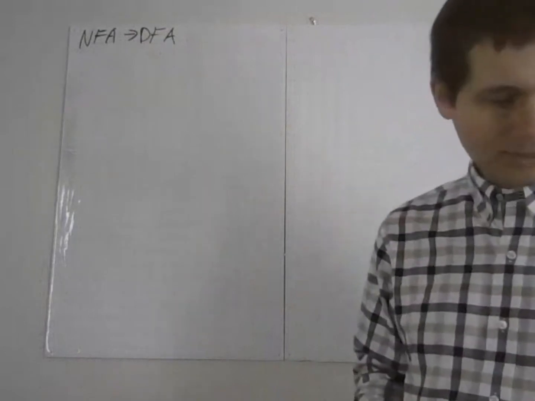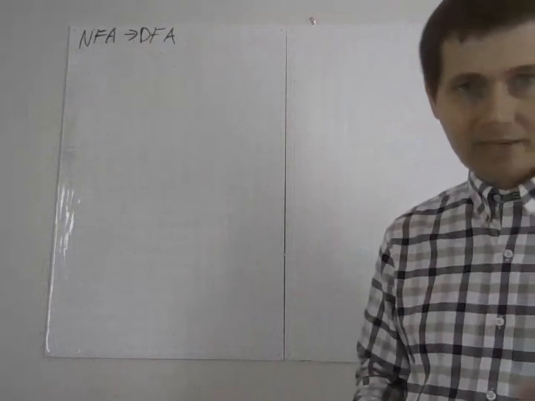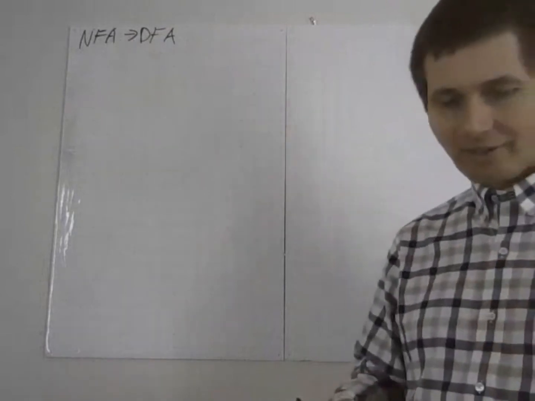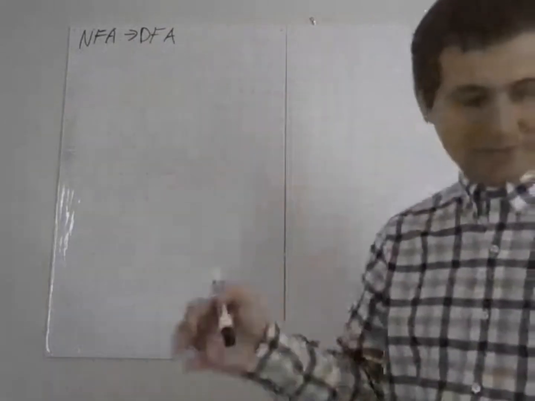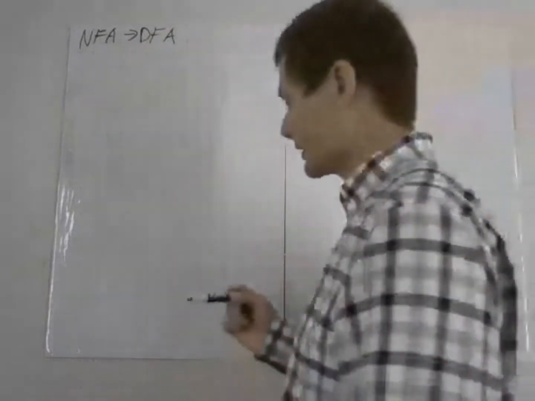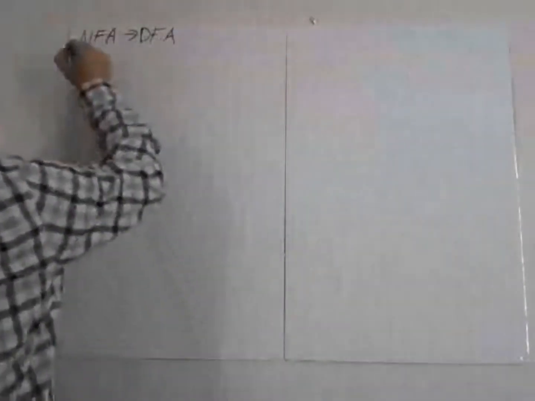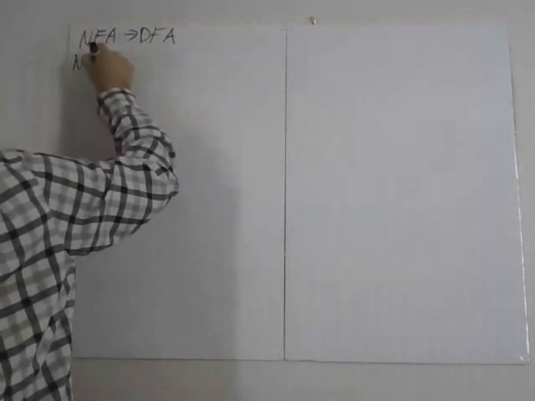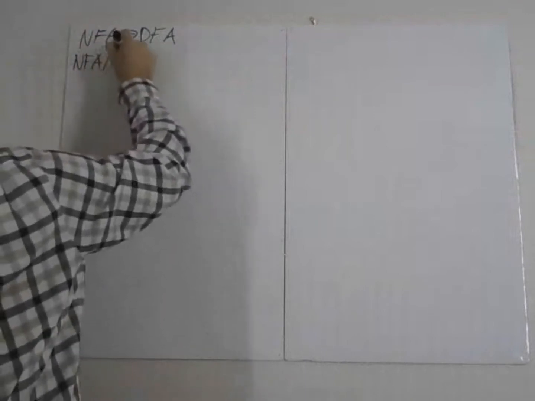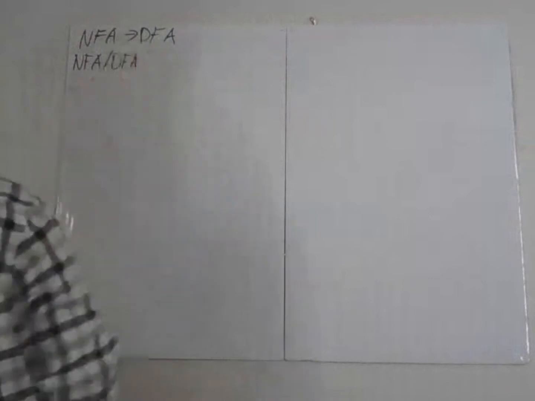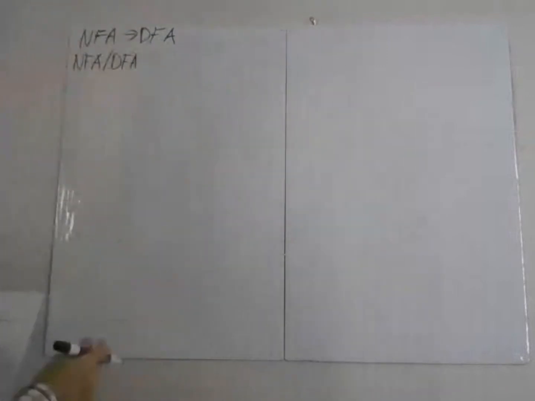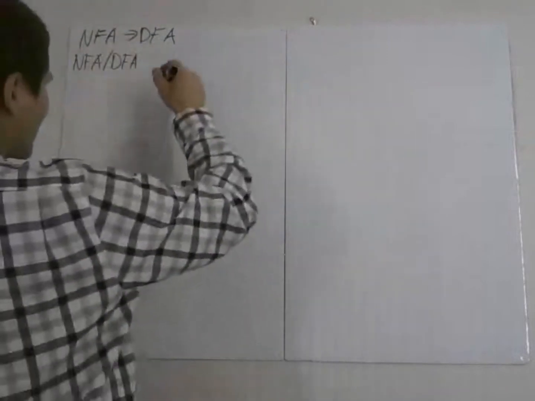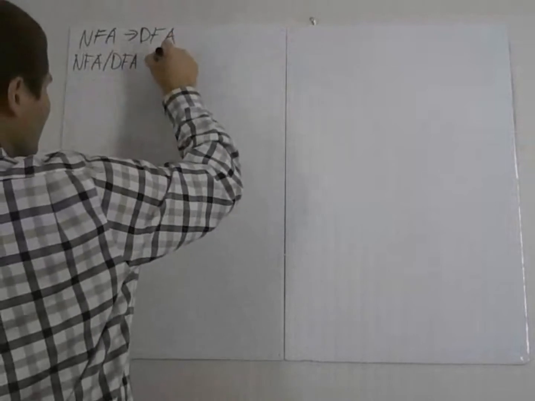Okay, so for this conversion, I've been drawing NFAs with these bubble diagrams, but if you've seen NFAs or DFAs in any other course, you might remember that formally they are 5-tuples, right?